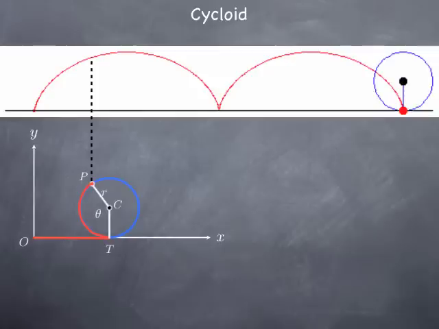So let's introduce some notation where C is the center of the circle, T the point of tangency, the point of contact with the x-axis, P the position of the point of interest, namely the point that is going to trace out the red curve, the cycloid, r the radius of the circle, and theta the angle at the center, the angle TCP. Then the distance OT, the red line segment on the x-axis, is the same as the length of the arc on the circle from T to P, and this arc has length r theta.